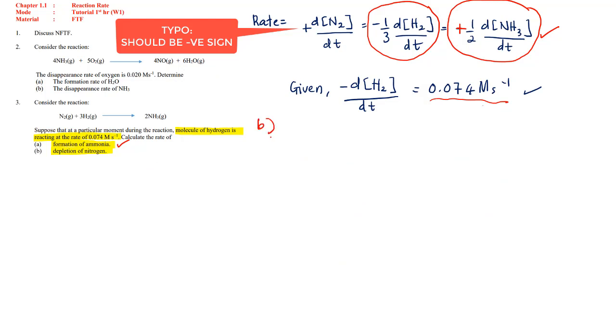Alright, for question 3B, you are going to calculate the rate of depletion of nitrogen. So depletion sama maksud dengan disappearance. So you are going to calculate the rate of disappearance of nitrogen gas.